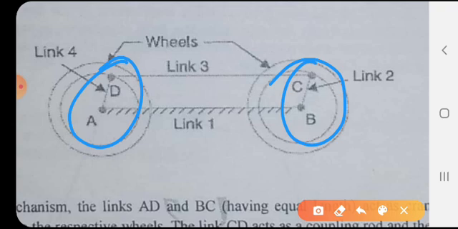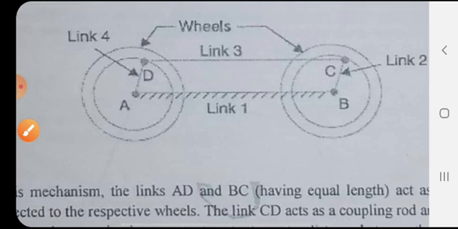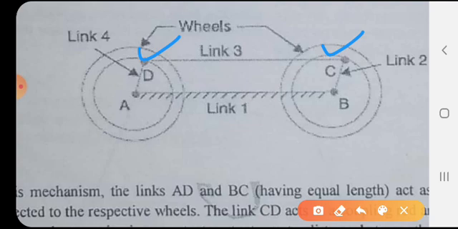The link CD acts as a coupling rod between the two cranks. The link AB, this is A and this is B, is fixed in order to maintain a constant center to center distance between the wheels.